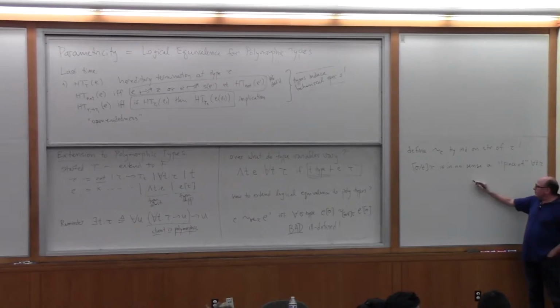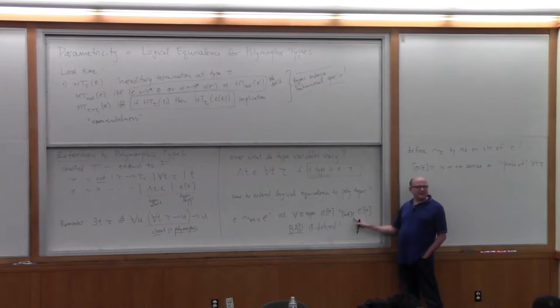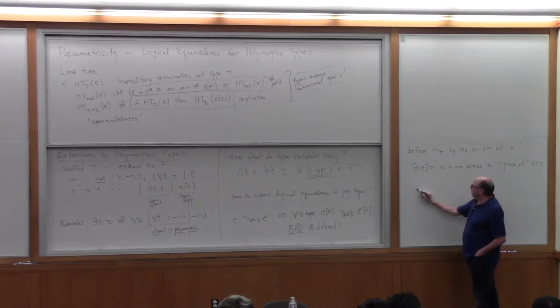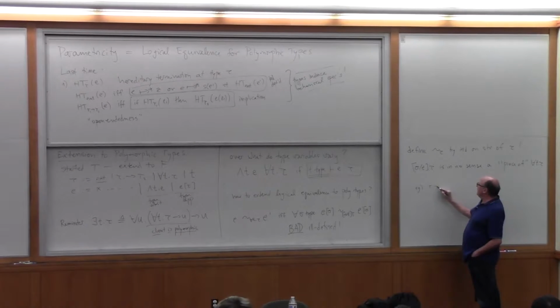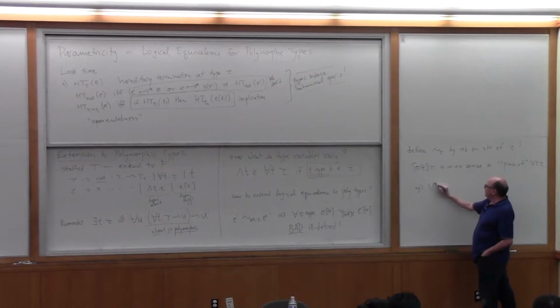When you have a compound type expression, you can refer to chunks of it. With tau 1 arrow tau 2, I can take tau 1 and tau 2 as given. They're already sitting there, and then I make a bigger one. But when I take the quantified type, the things I instantiate by aren't obviously smaller. For example, consider for all t, t arrow t.